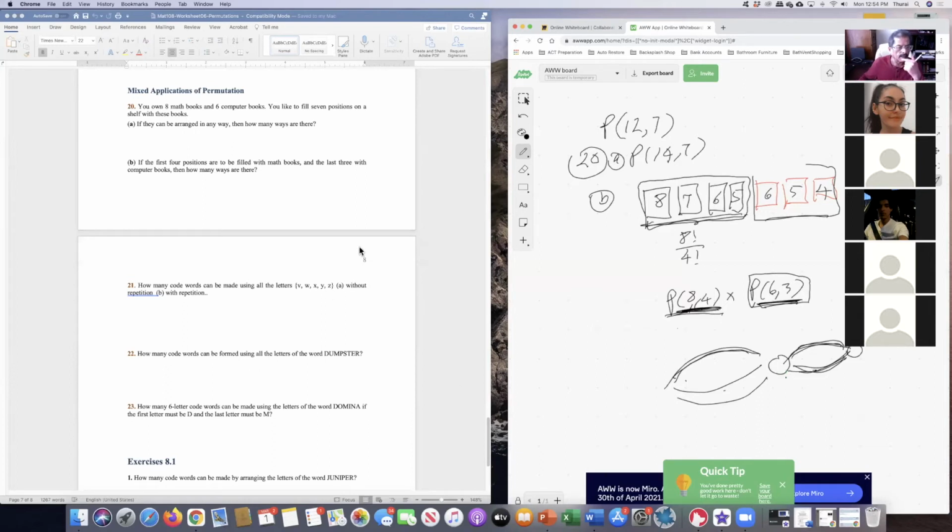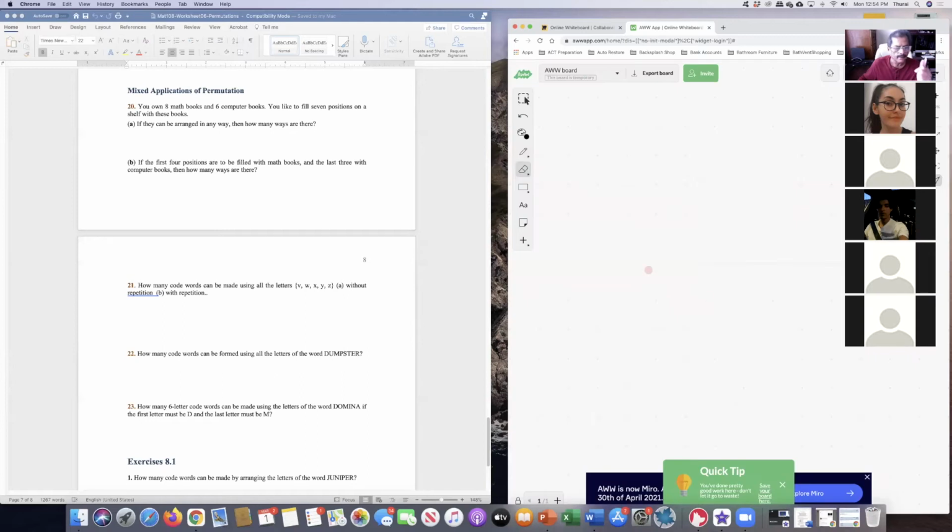Okay, so going on to the next question, problem 21. That's very similar to an earlier problem we did, so we don't have to do that. Jump to problem number 22. All right, can anybody answer that?